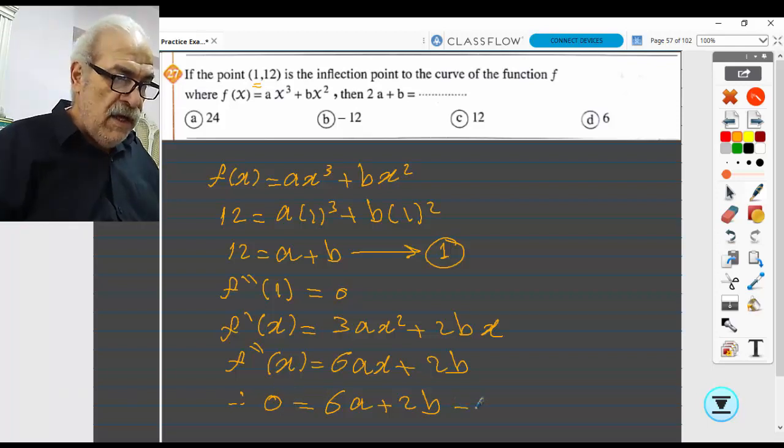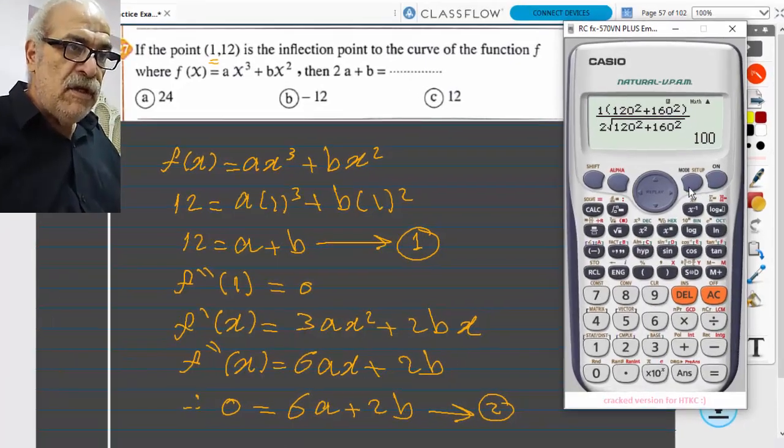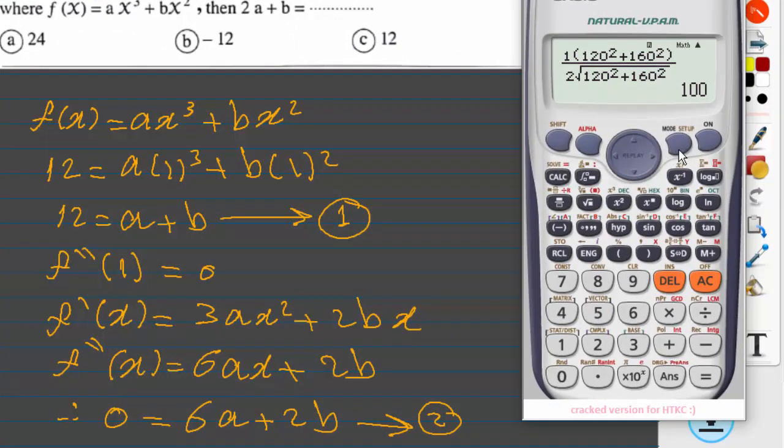Okay, now we have two equations. We will solve it quickly using the calculator. Mode 5 1, and we write the coefficients. Here we have 1 and 1 and 12, equals.